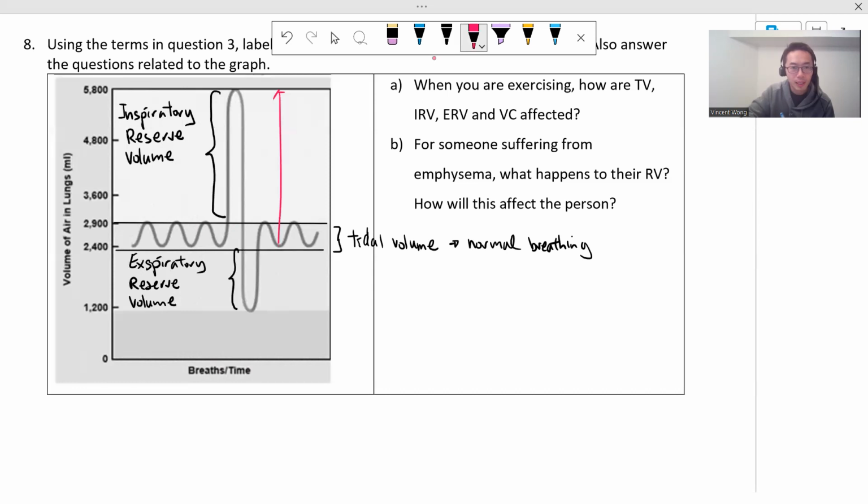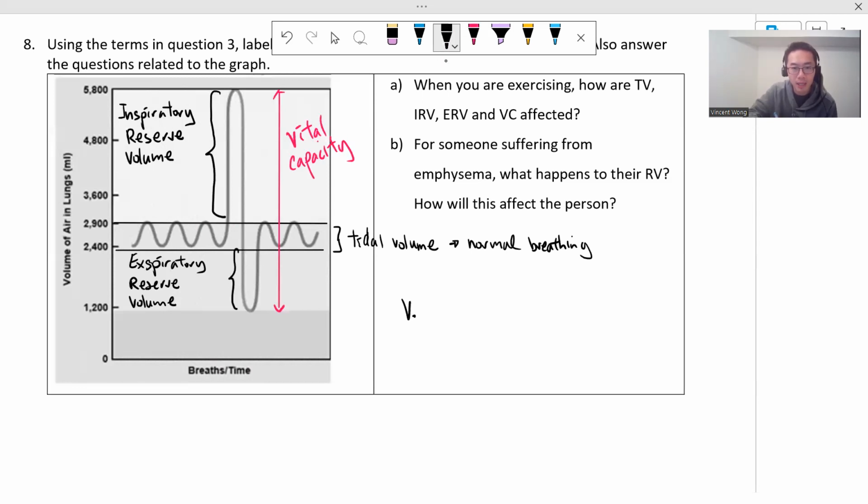So if you breathe out as much as you can, at that point, you're right here. Your lung volume is right here. And from that point, if you breathe in as much as you can, all the way back up to the maximum point, this whole thing is called the vital capacity.